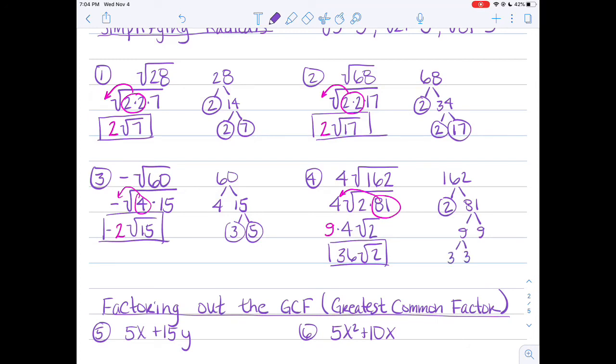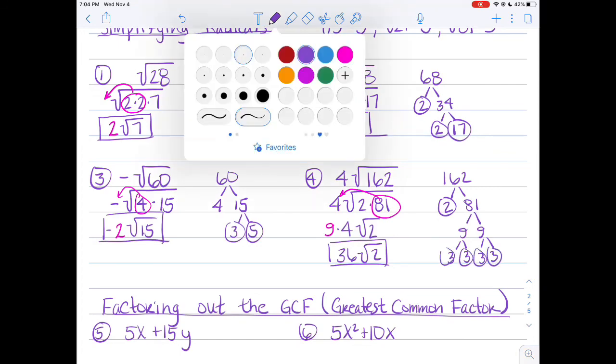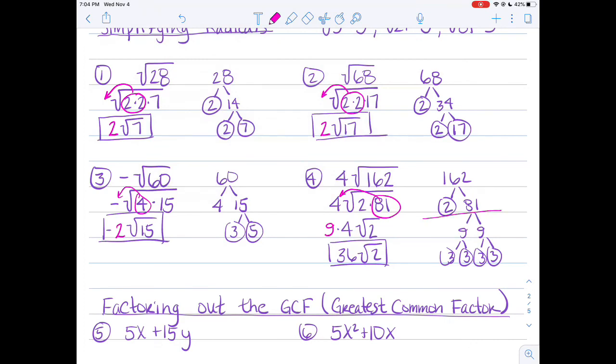This is a 3 and a 3, a 3 and a 3, and finally I have all of those prime numbers. But if you recognized right here, you don't need to go that far. If I have a pair of 3s, I know that that's a perfect square. So I could pull a 3 out once and then pull a 3 out a second time. 3 times 3 is this 9 that I already got.